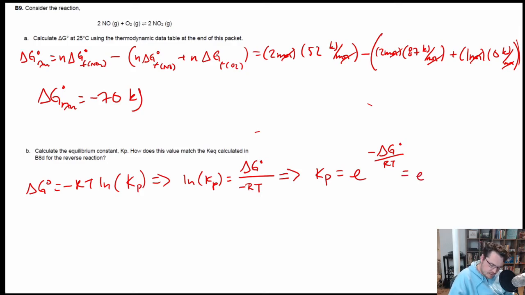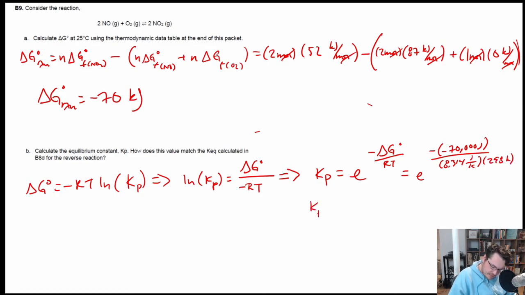So we have e to the power of negative, negative 70 kilojoules over RT, right? And so the R, again, has to be the same scaling. So let me go ahead and correct that. Instead of kilojoules, I'm simply going to put it as joules in that case. And so R is going to be 8.314 joules per Kelvin times 298 Kelvin.